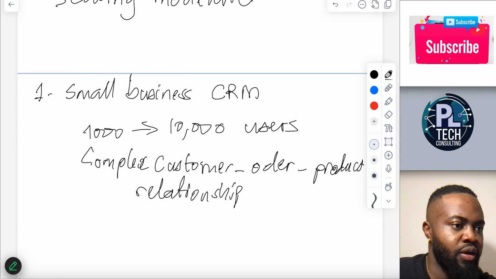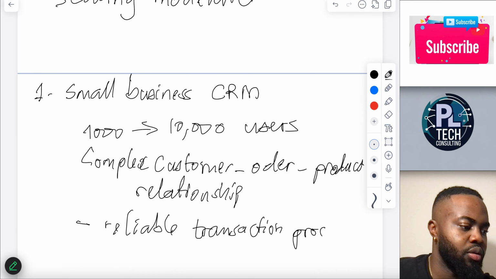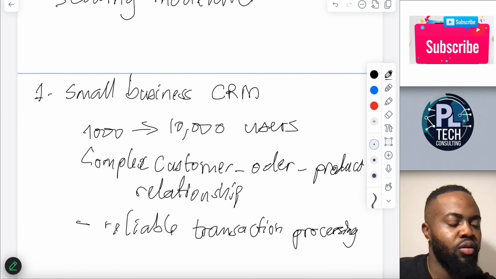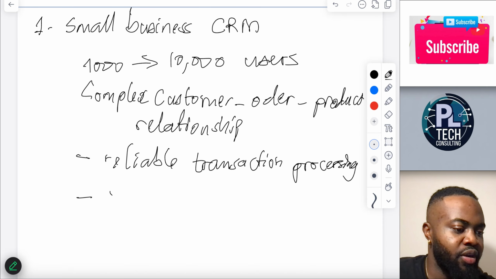Then reliable transaction processing. And then also probably budget conscious, it's a small business, so budget friendly.